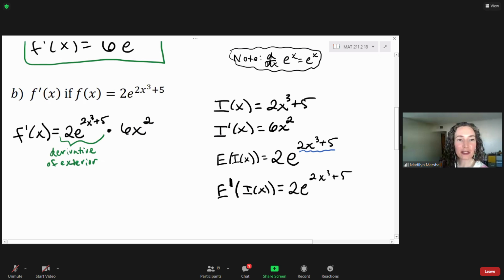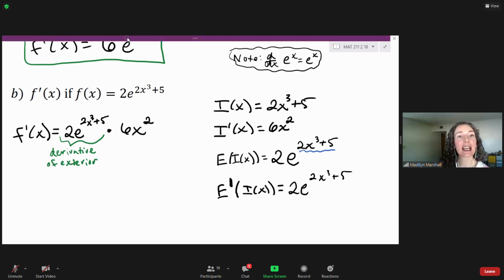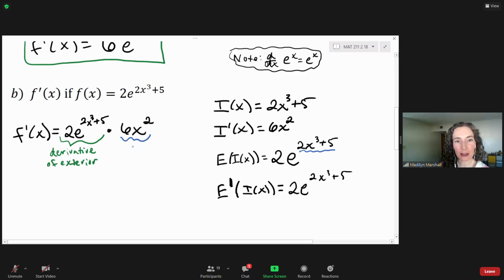So we have the derivative of the exterior first, and then it's being multiplied with the derivative of the interior. So if you don't want to go through all of the I prime, E prime things, we can just go straight to the derivative of the exterior part times the derivative of the interior part.